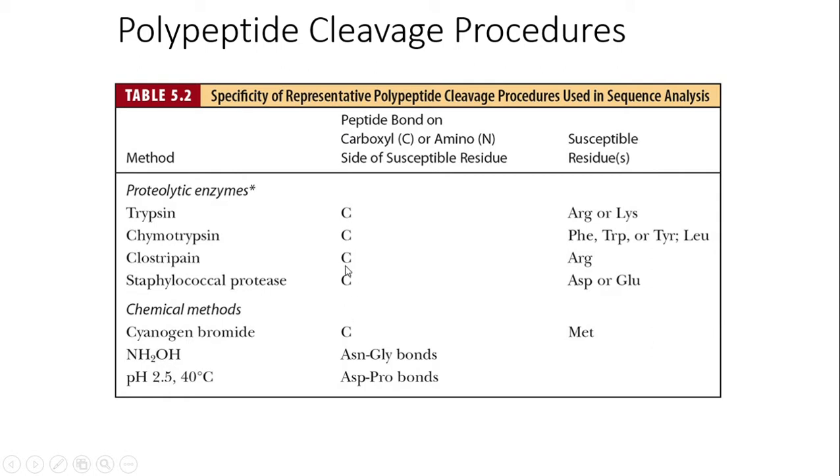This indicates what side of the amino acid, whether it's the carboxyl side C or the amino side N. You'll notice that these all cleave C-terminal to that residue, and these are the residues that are targeted by these enzymes. As I said, arginine and lysine for trypsin; chymotrypsin, phenylalanine, tryptophan, tyrosine, leucine; clostripain, arginine; staphylococcal protease, aspartic acid or glutamic acid.